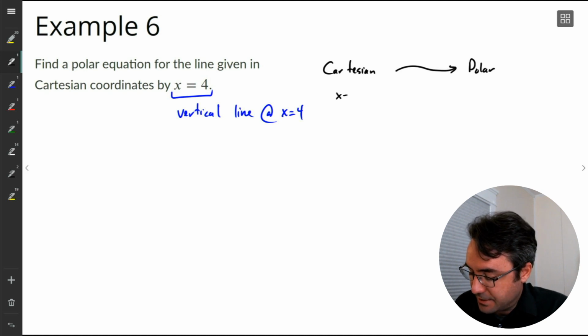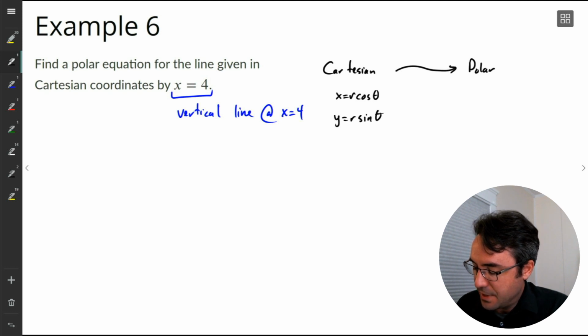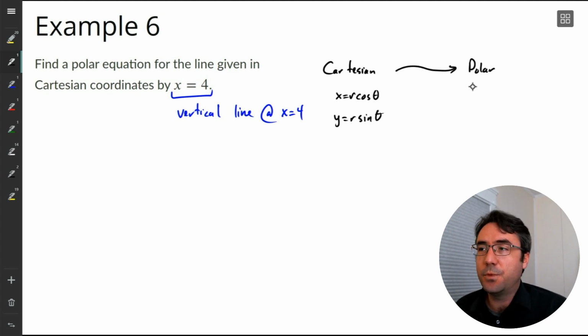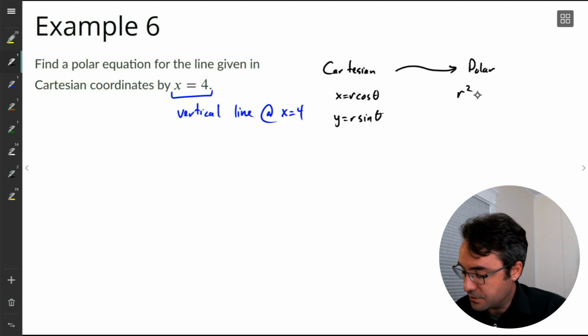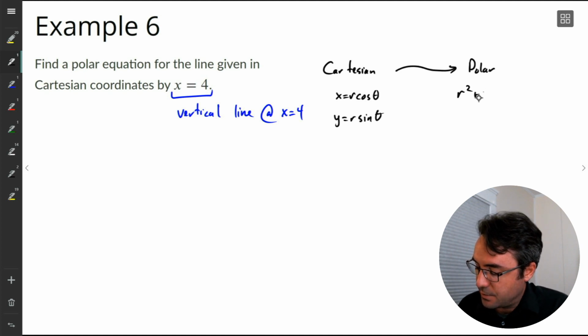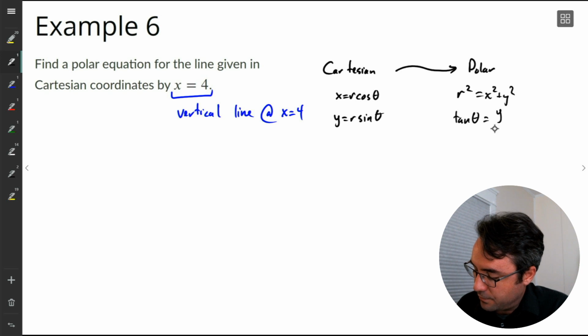We have x equal to r cosine theta. We have y is equal to r sine theta. And then if need be, we could also think of r squared is equal to x squared plus y squared. And then tangent theta is equal to y over x.